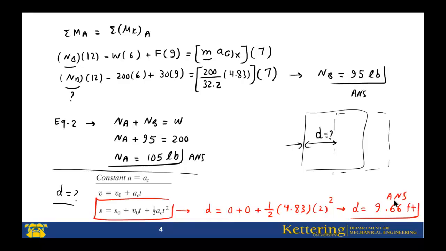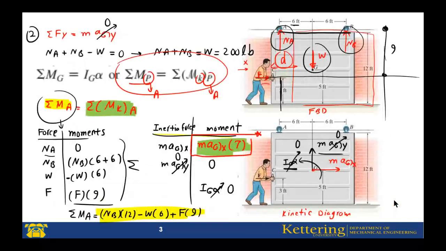Yes? Can you go back to the first slide? Yes. What's your question, Diego? Actually, I think it was the second slide. I was just confused where 4.83 came from.